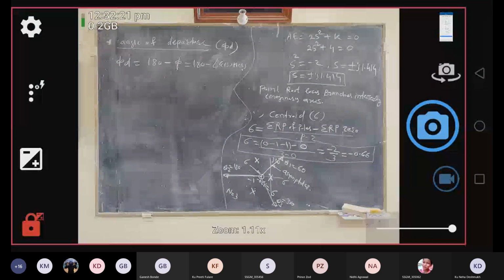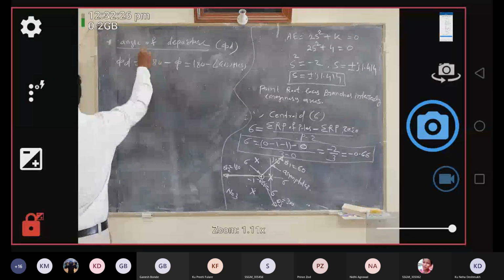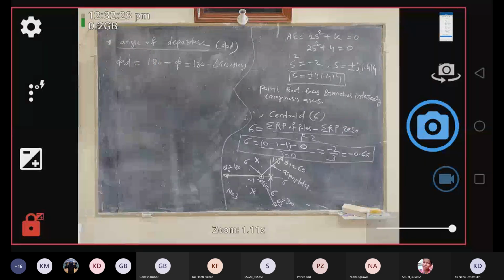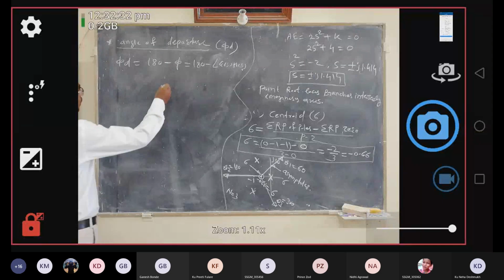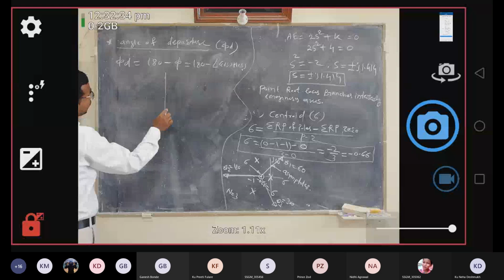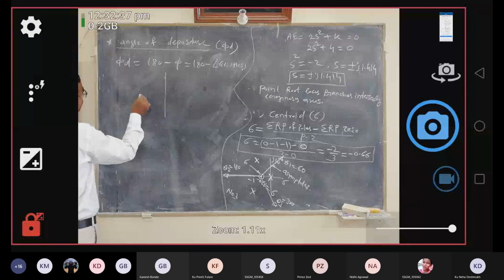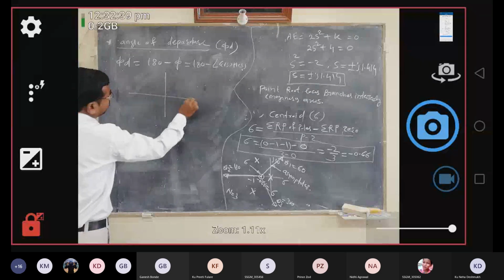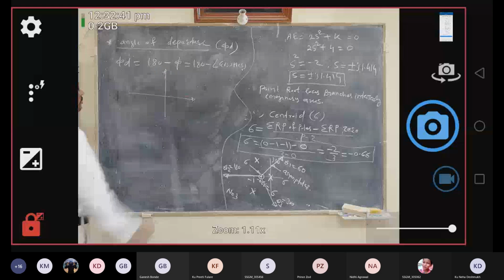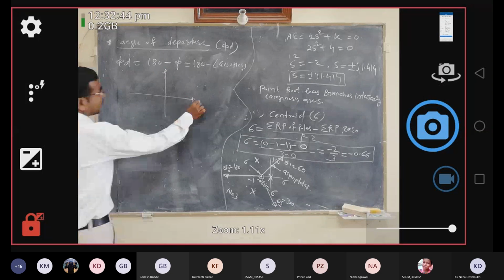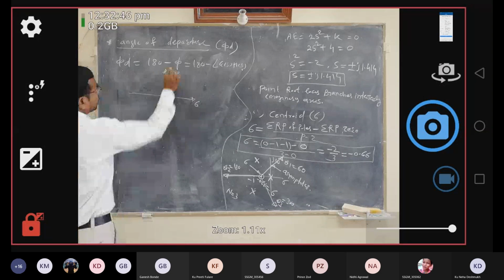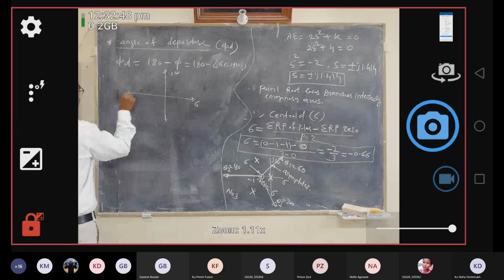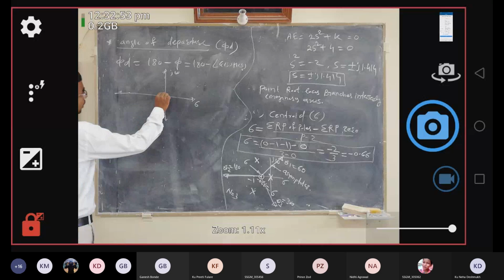Okay, so how to determine the angle of departure for the complex poles? So that you can understand, if you have the graph paper, then you can easily determine. Okay, so you just note down the process how to determine phi d. So these are your complex poles. You just sketch the pole zero plot of your given problem.